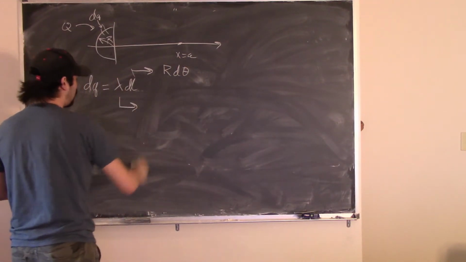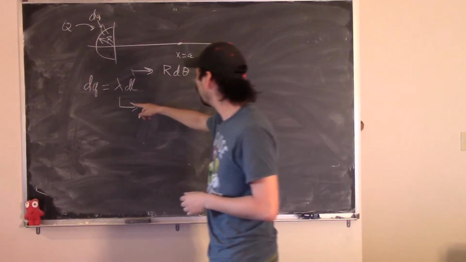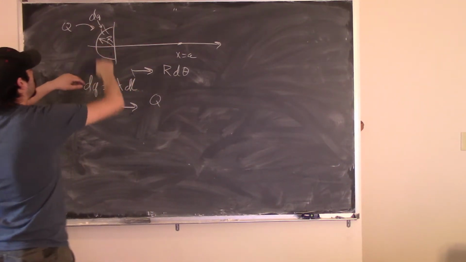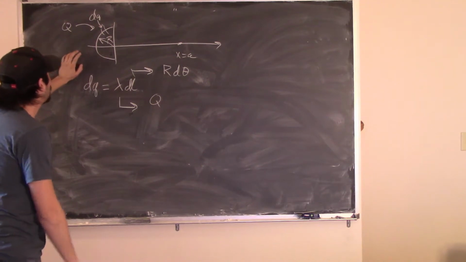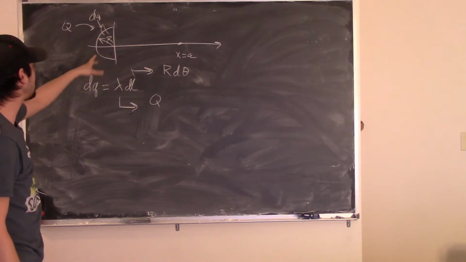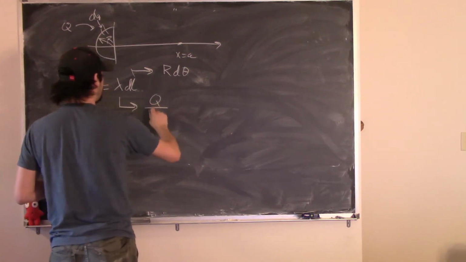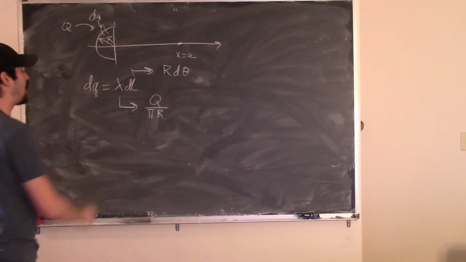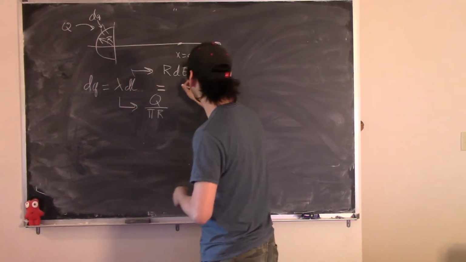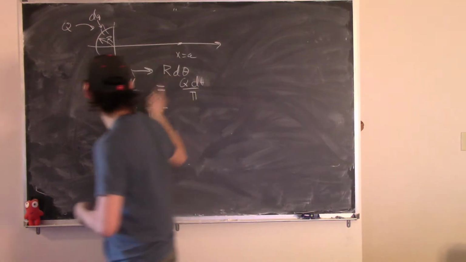Lambda is by definition the charge per length, so it's the total charge Q spread over the arc, divided by the length it's spread over. This is half a circle, so we take the circumference and divide it by 2, which gives a length of pi times r. So dq is going to be Q d theta divided by pi. We just cancel the r's.